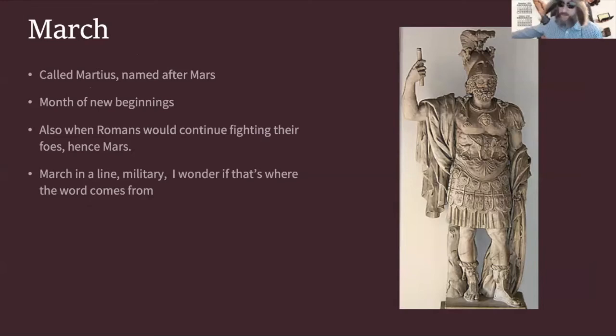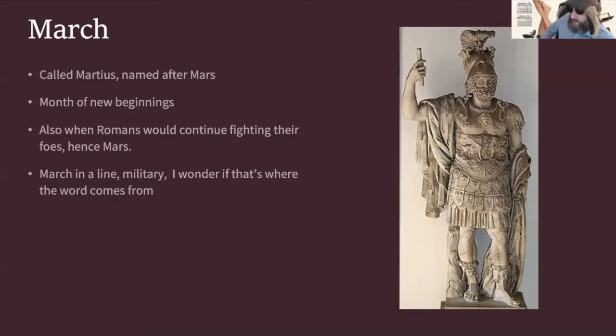So going to March, it was called Martius, named after Mars, the god of war. It's the month of new beginnings, and this is when the Romans would pick up their battles again. They would take a break during the winter, and then once they were done with winter, they would continue fighting their foes.